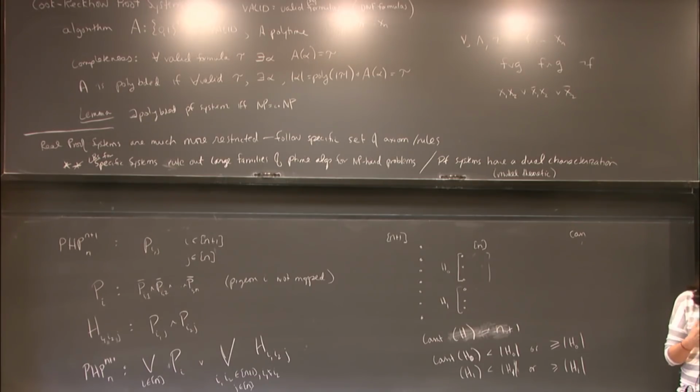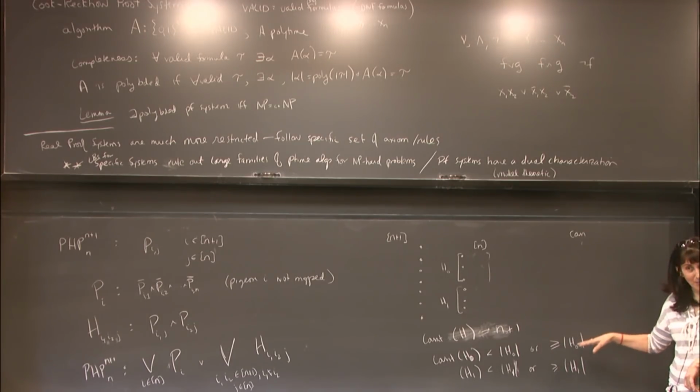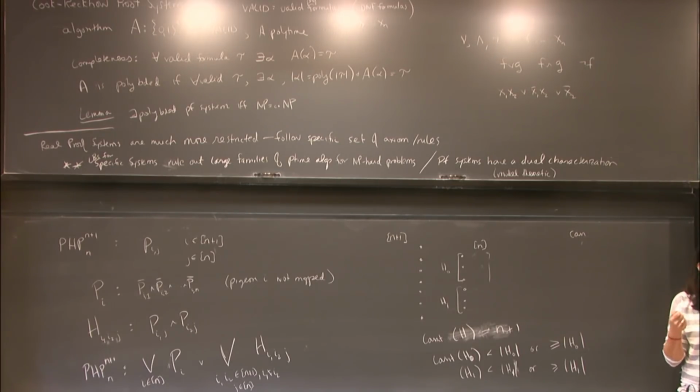You can do that in logarithmic depth, logarithmic in the formula size, and there are counting formulas that are polynomial size. So that third case, the hard case, won't add too much to the depth. Again, it's going to be a binary search to find the place where they made the mistake.